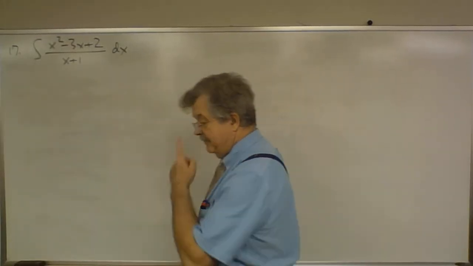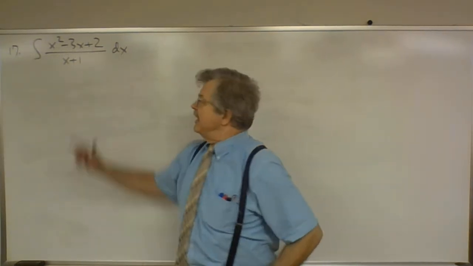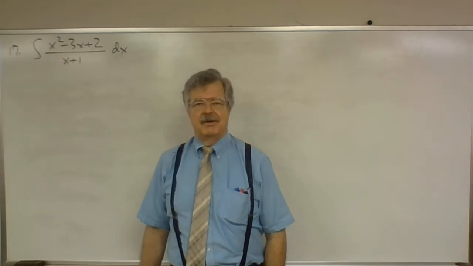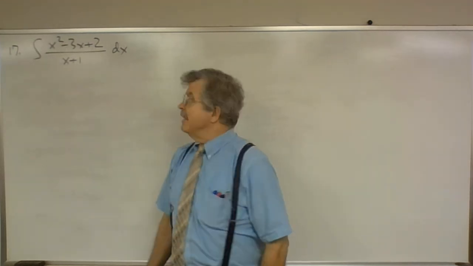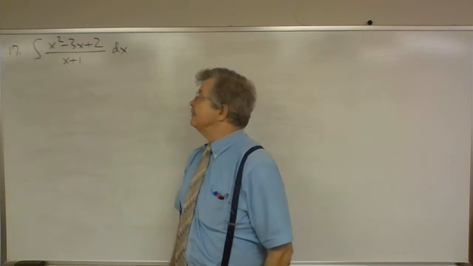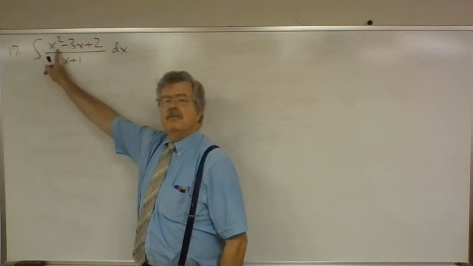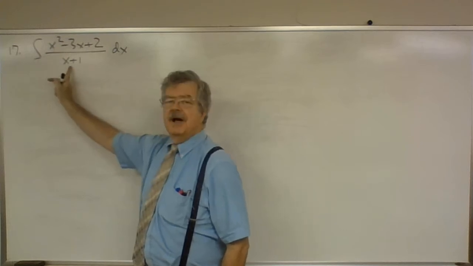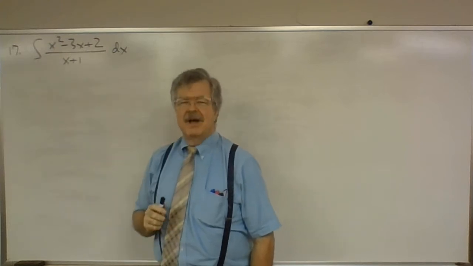Exercise 17. And in this exercise, we have pretty much the same kind of enigma that we had in 21. We have the integral of a quotient of polynomials where the degree of the numerator is greater than or equal to the degree of the denominator. So it's not in proper form.